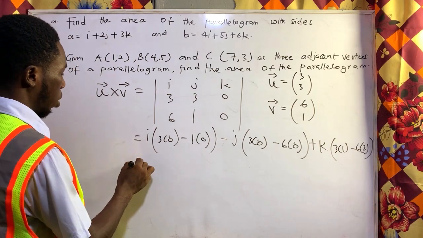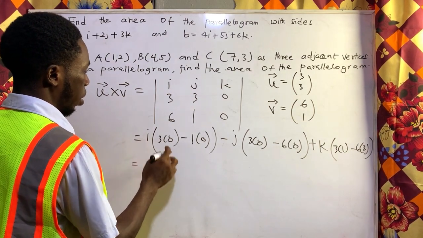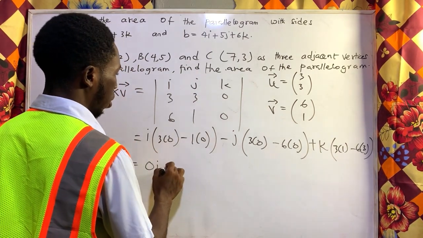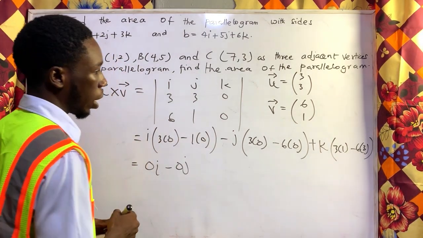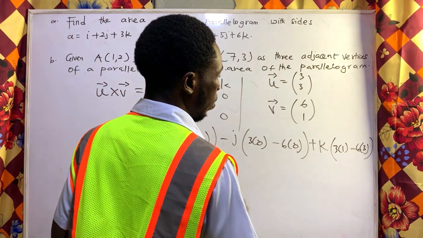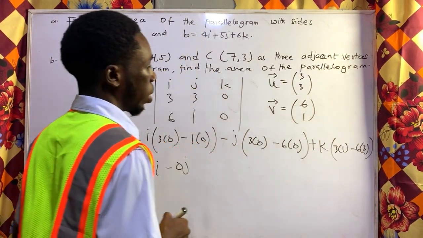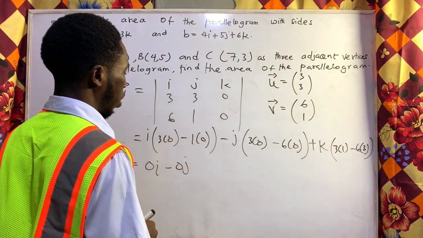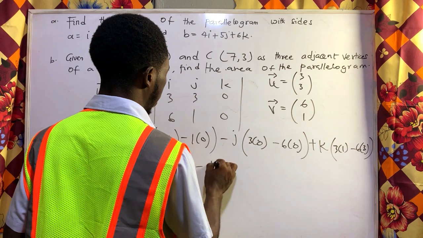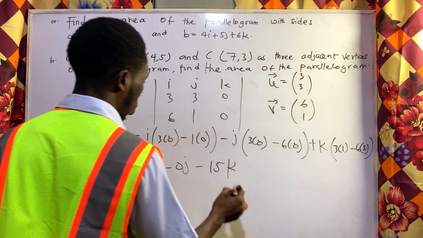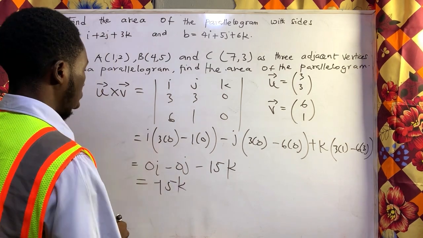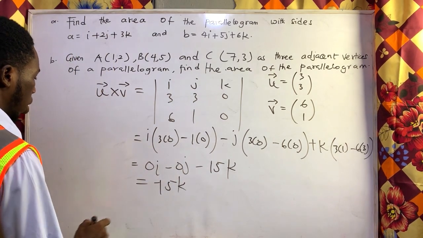We're going to get 0i, and then this also is going to have minus 0j. And then 3 times 1 is 3, 6 times 3 gives us 18, so 3 minus 18 will give us minus 15, right? So minus 15k. So our answer is minus 15k.